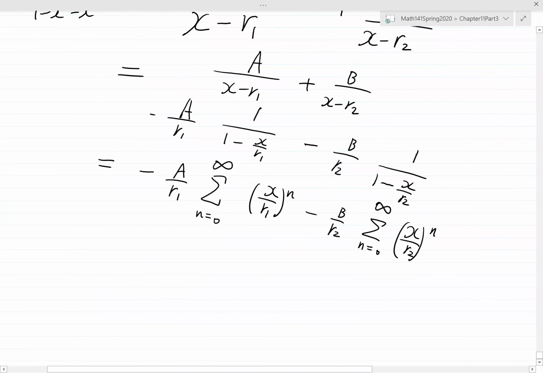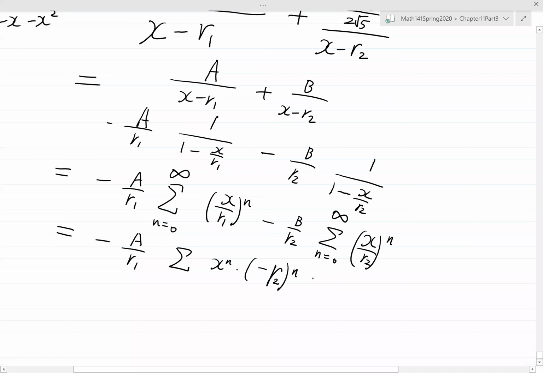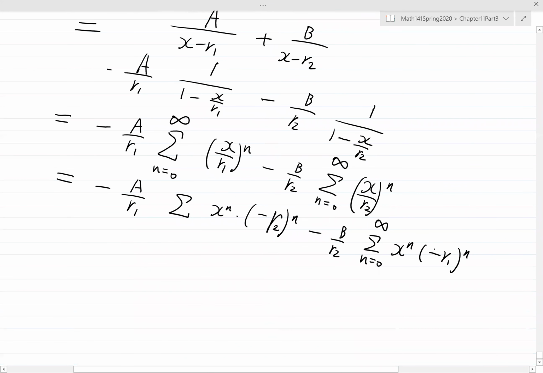So this will be negative a over r1, x to the power n, negative 1 over r2 to the power n, and this will be b over r2, x to the power n, negative r1 to the power n. Finally, n from 0 to infinity.